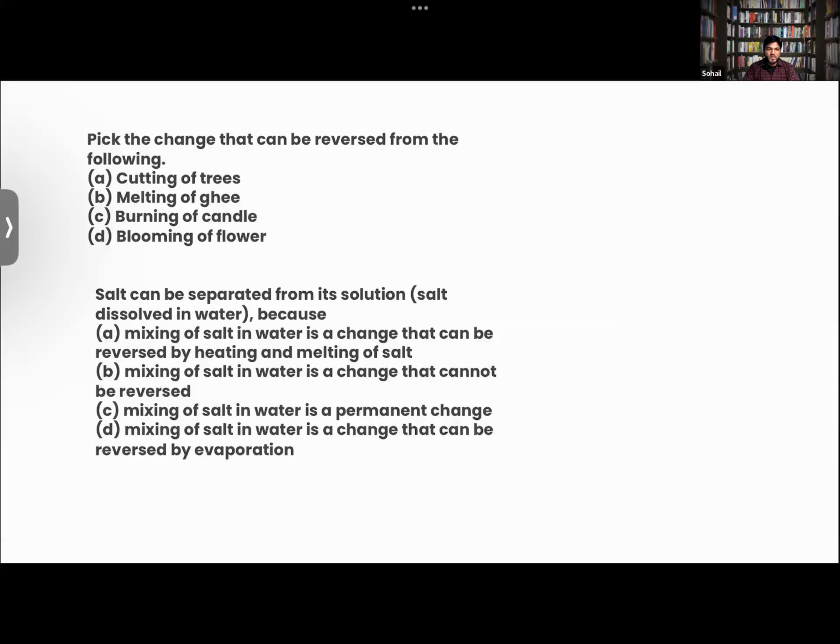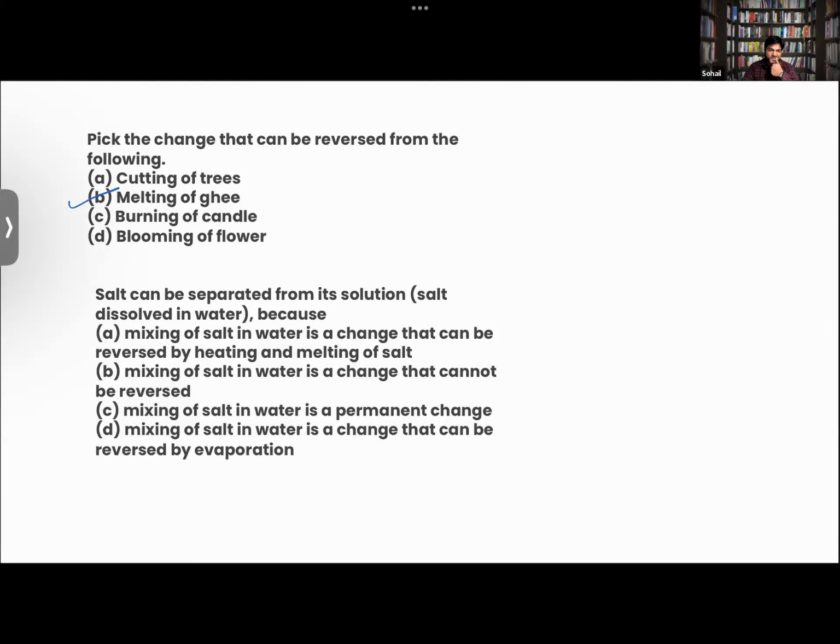No. Second option, melting of ghee. Yes, it can be reversed. Third option, no. Fourth option, no. So obviously the second option is correct. Next question.